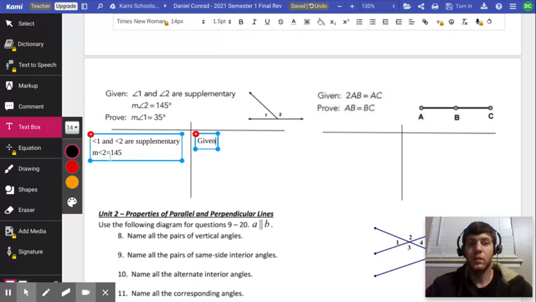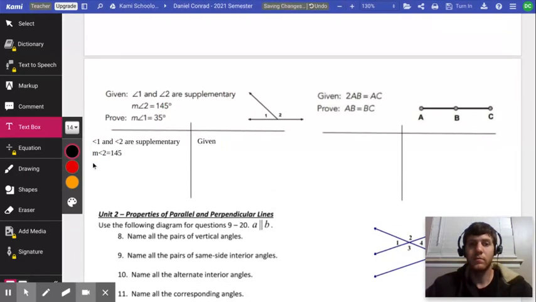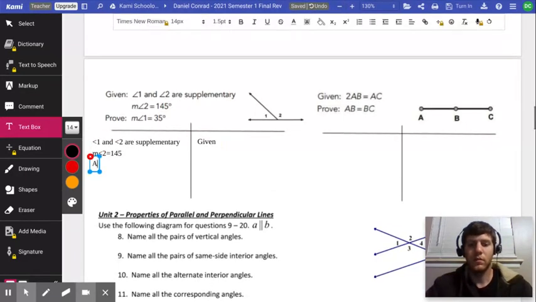We know angle 1 and angle 2 are a linear pair. They're telling us they're supplementary. We want to prove that the measure of angle 1 is 35. The definition of supplementary tells us that the measure of angle 1 plus the measure of angle 2 is going to equal 180.